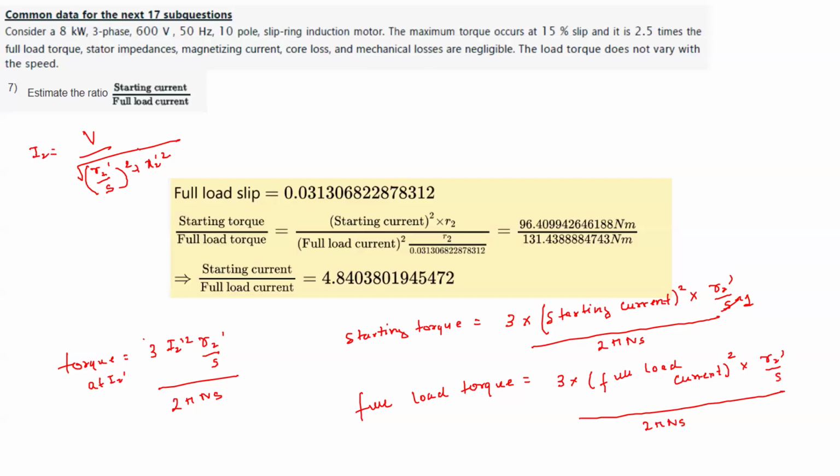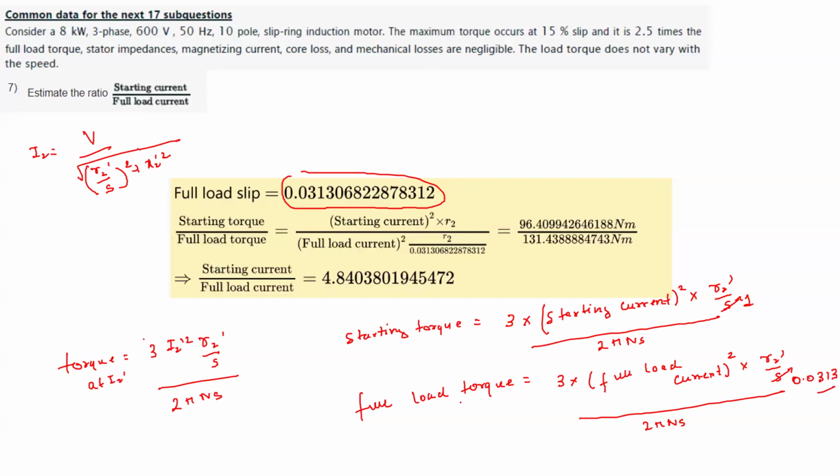Remember, now we have to put the S value corresponding to the full load torque. The full load slip is 0.0313.